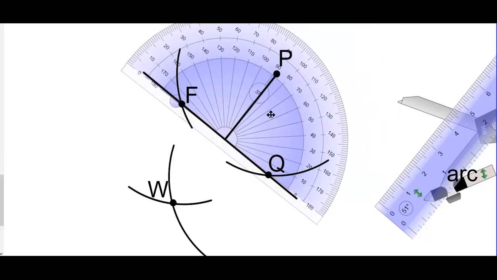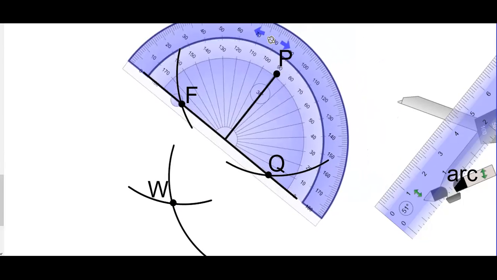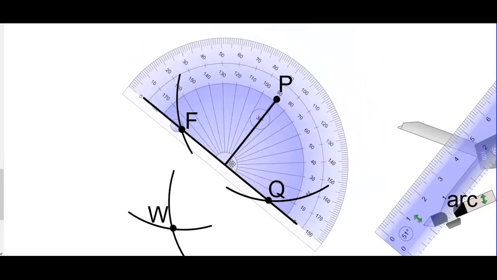Can you see that? Adjust it nicely. You'll be surprised that that will give you 90 degrees. Can you see that your 90 degrees of the protractor is exactly matching with the line you have drawn.